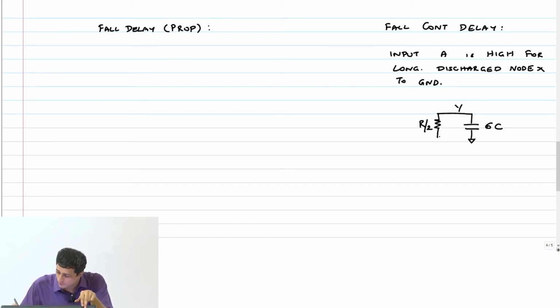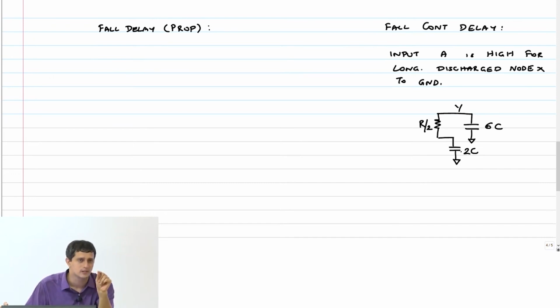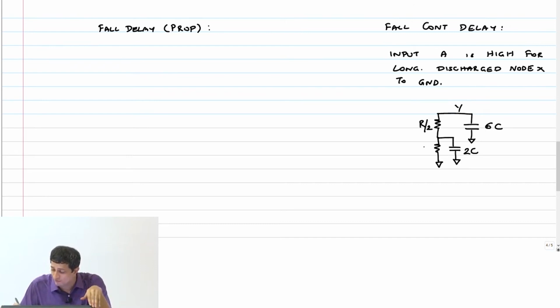R by 2. 2C is the intermediate node capacitance, but that has already been discharged to ground, right? So if you remember this problem I gave in the quiz where one of the nodes was already discharged slightly, then you apply that condition and that thing will just vanish out. That capacitance will vanish, okay? It doesn't mean that the resistance will vanish. That's the key point here.